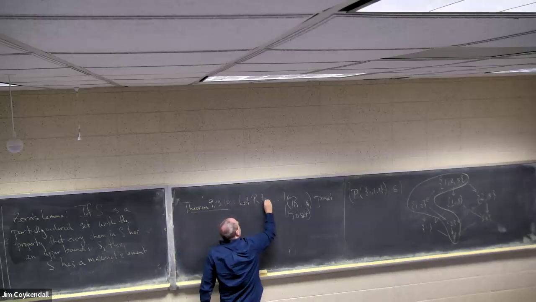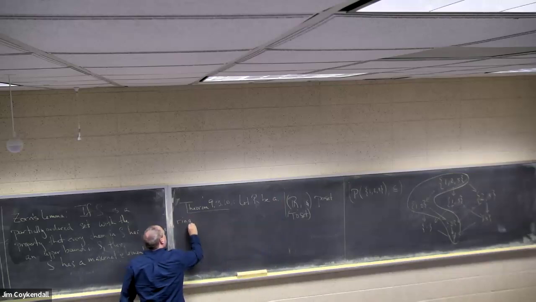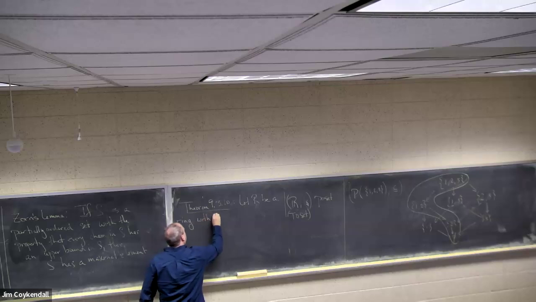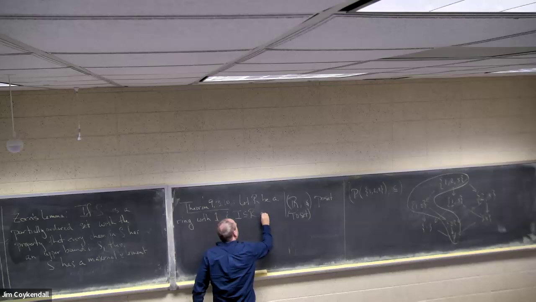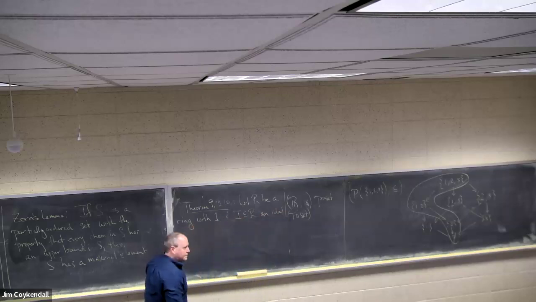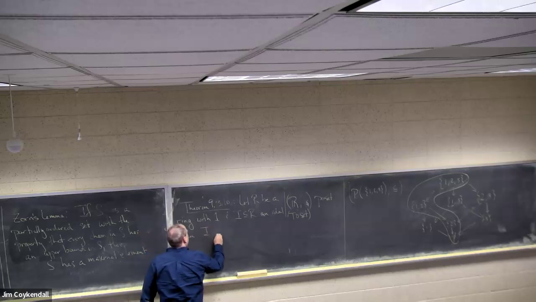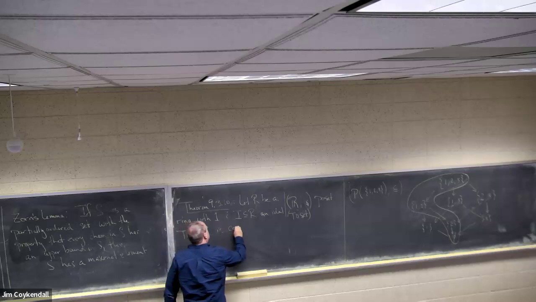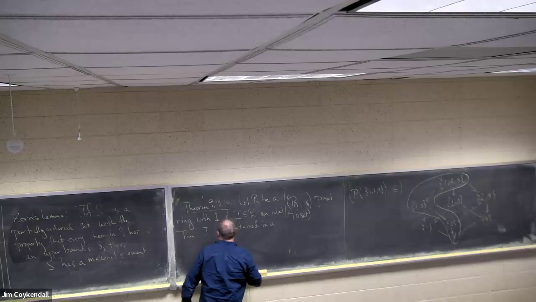Let R be a ring with identity, and I a proper ideal of R. Then I is contained in a maximal ideal.